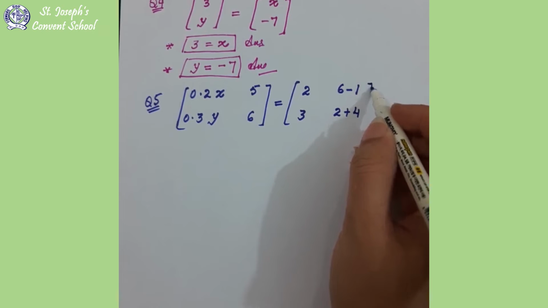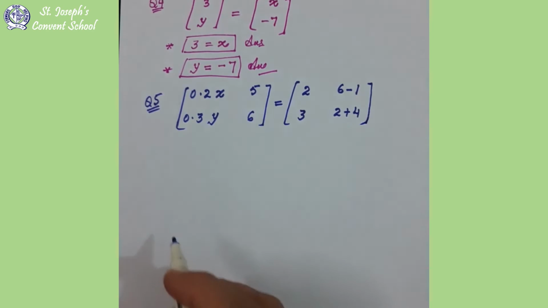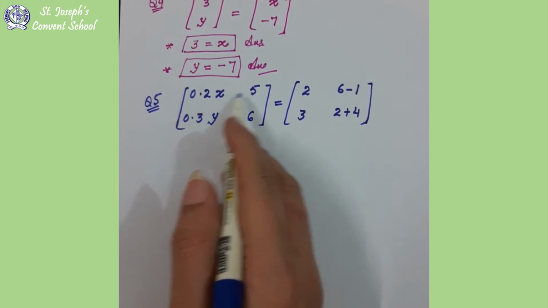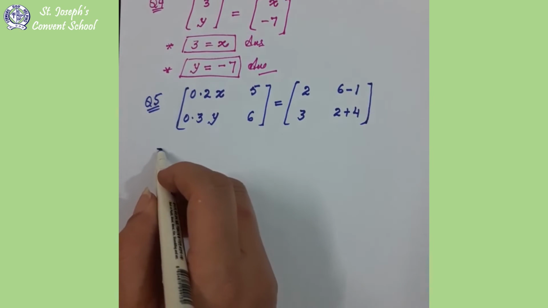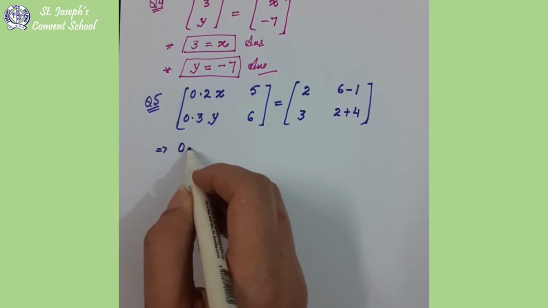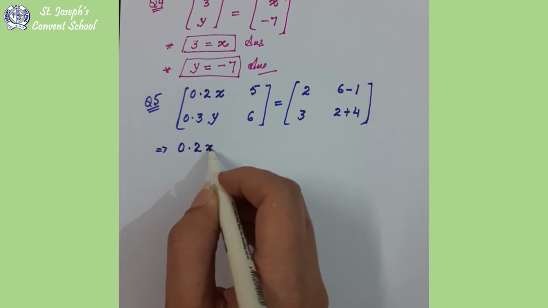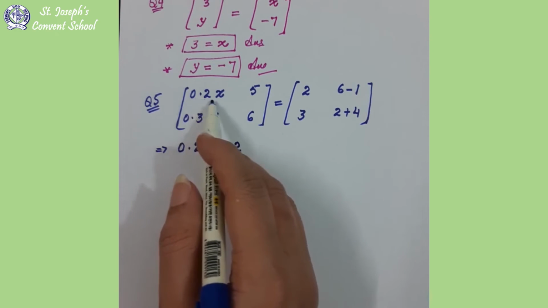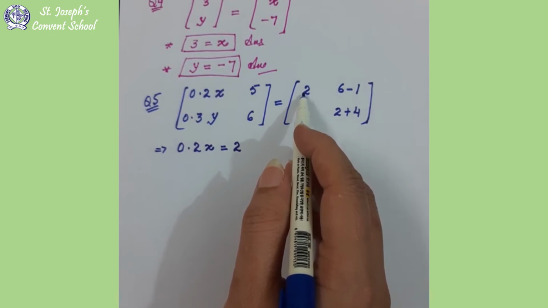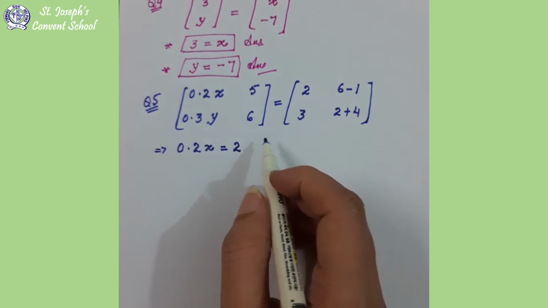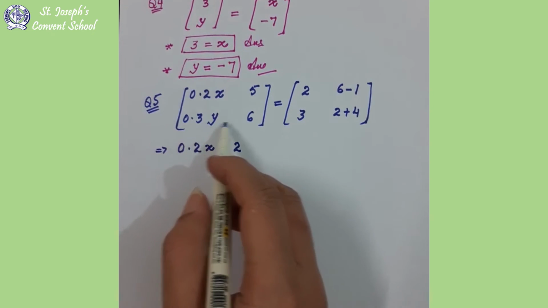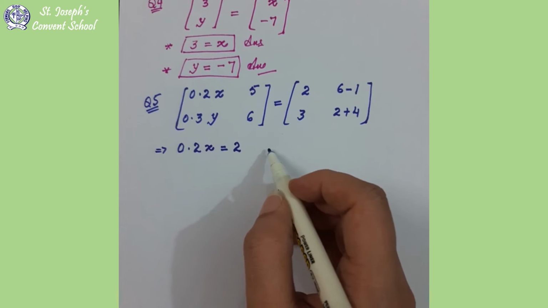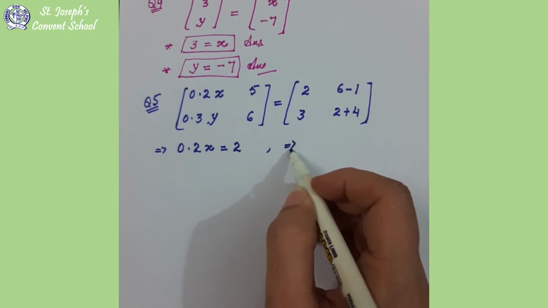It is given that these two matrices are equal. You have to find x and y. First term equals first term. Let's solve it. 0.2x equals 2. This first term 0.2x equals the first term of the second matrix. And in the same way the third term equals the third term of the matrix. So let's write this also.